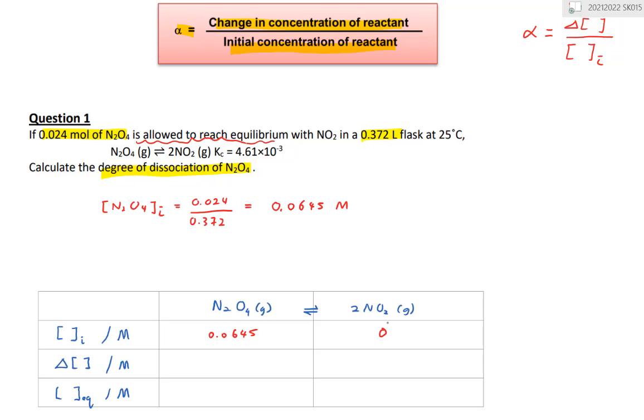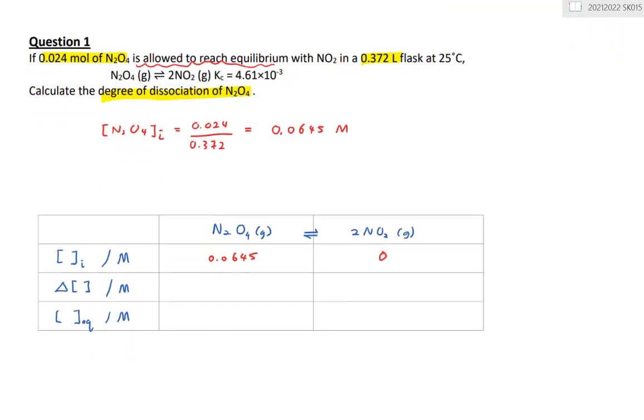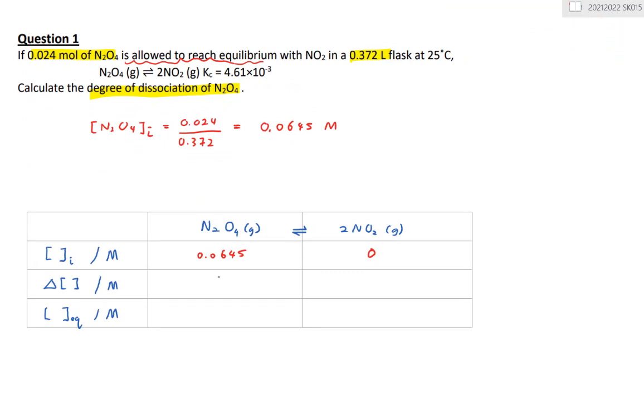Since this equation is already balanced, the change in concentration is negative x for the reactant. And for the product, according to the coefficient, we need plus 2x. So the equilibrium concentrations are 0.0645 minus x, and then over here you have your 2x.